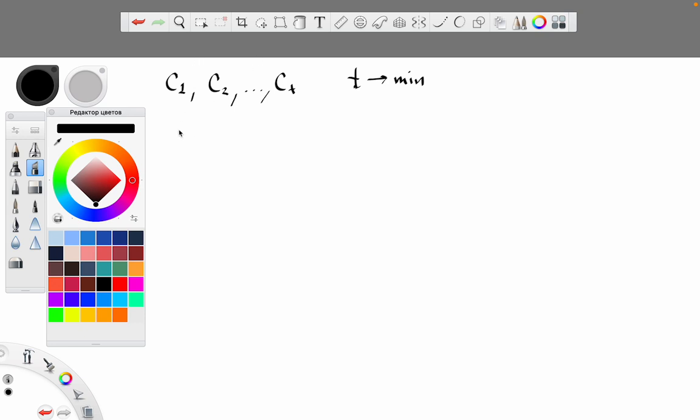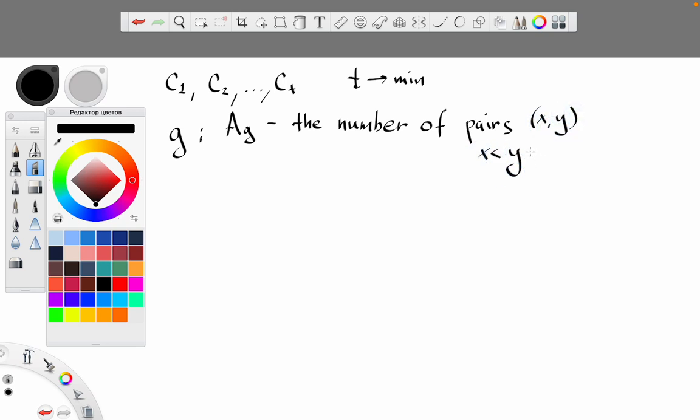So basically, for each number g, let's say that a_g is the number of pairs of numbers x, y such that x is strictly smaller than y, and GCD(x, y) is equal to g.